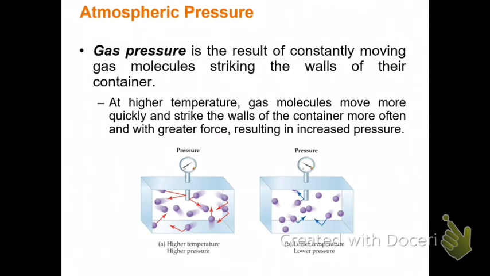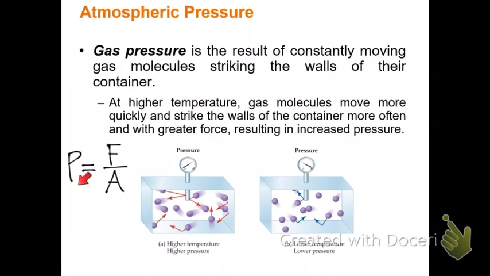So I'm just going to write it right here. Pressure is equivalent to the force exerted per unit area. Okay, so the larger the amount of force that's exerted, the greater the pressure, because you're increasing this value right here.